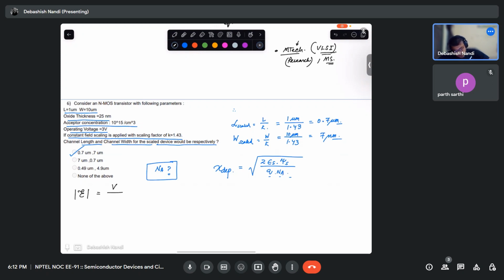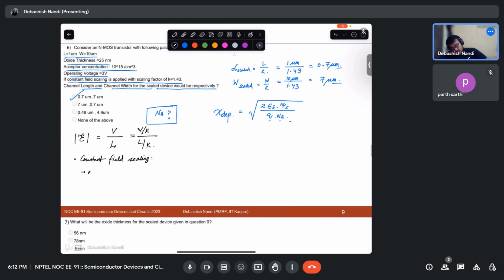That means my voltage over some length has to be constant: if my length is reduced by K, V has to be reduced by K. So in constant field scaling, all device dimensions are scaled down by 1 over K, all voltages are scaled down by 1 over K.